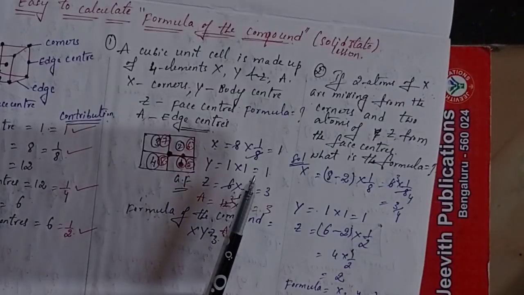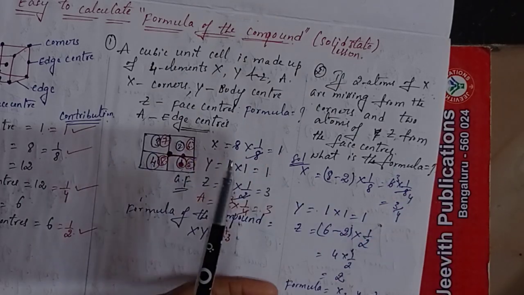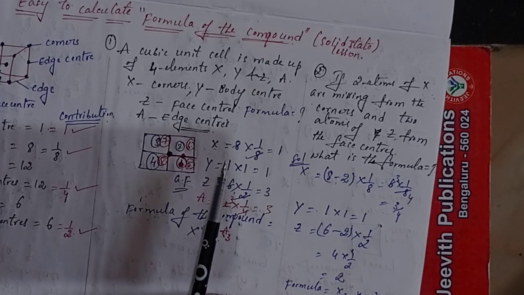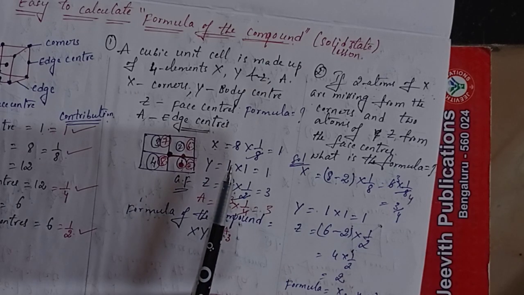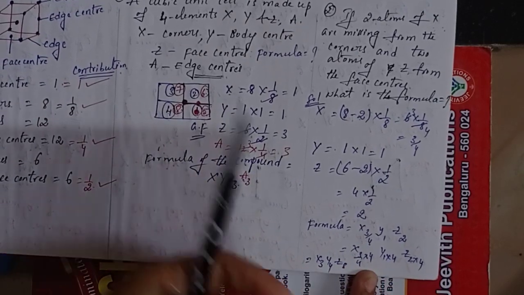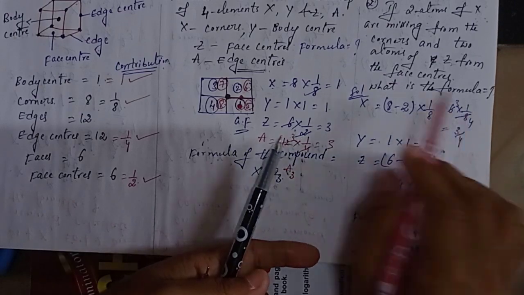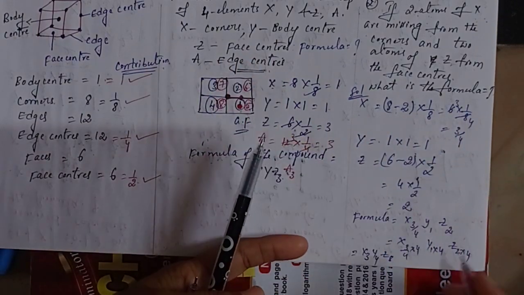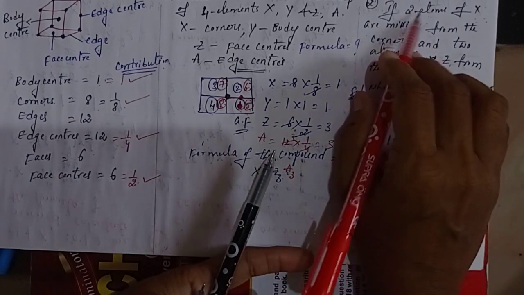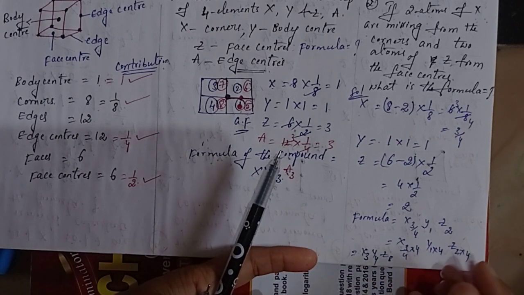And coming to here, students, what about A? Here A also you have to write, because here 4 elements I am taking. So that's why I am adding A also. X Y Z completed. Okay, now A value. Here A values are at edge centers. What is the question here? Z atoms are mixing, only X Z. So Z atoms as it is you should write.